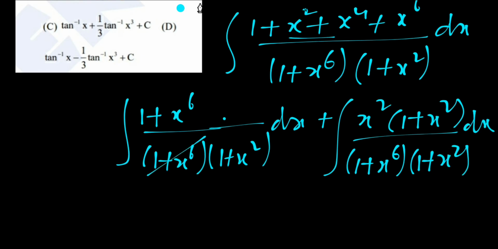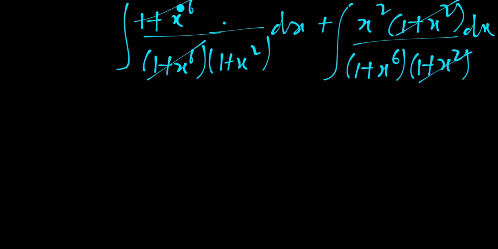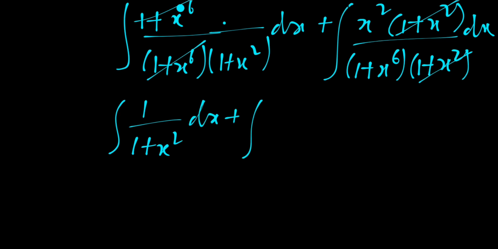So now here 1 plus x power 6 and 1 plus x power 6 cancel, and here 1 plus x square gets cancelled. Next, integration of 1 by 1 plus x square dx plus integration of x square divided by 1 plus x cube whole square dx.